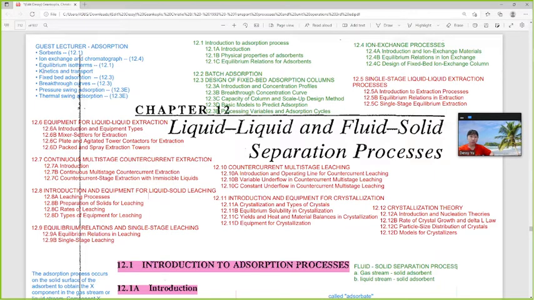From the guest lecture material on adsorption, we can know the sub-materials: sorbents, ion exchange, chromatography, equilibrium adsorption, kinetics and transport, fixed bed adsorption, breakthrough curves, and pressure and thermal swing adsorption.